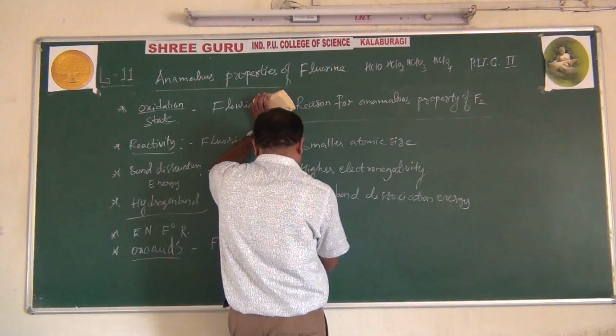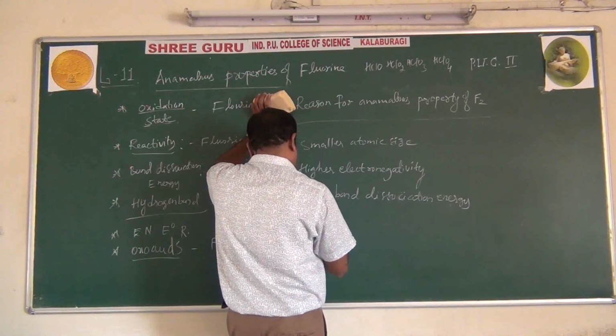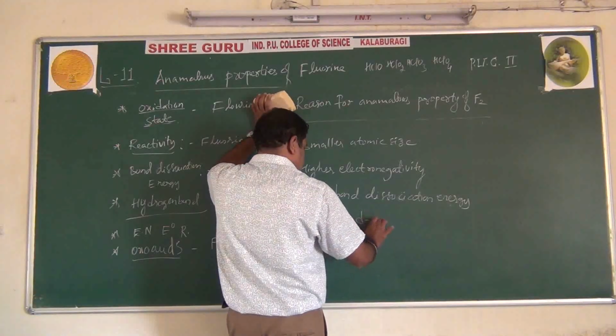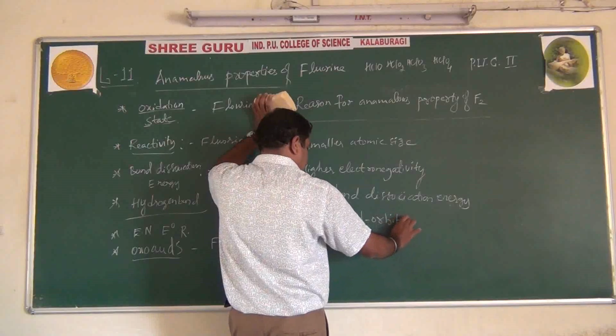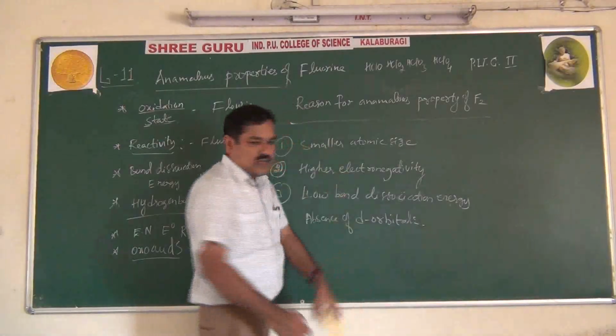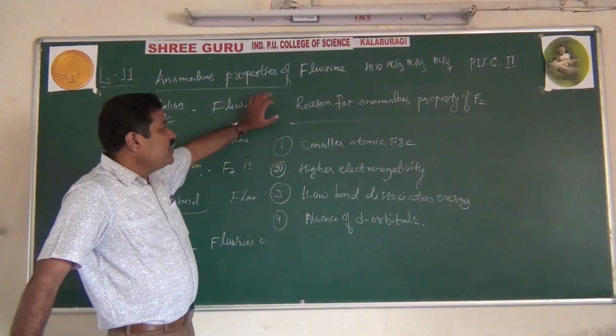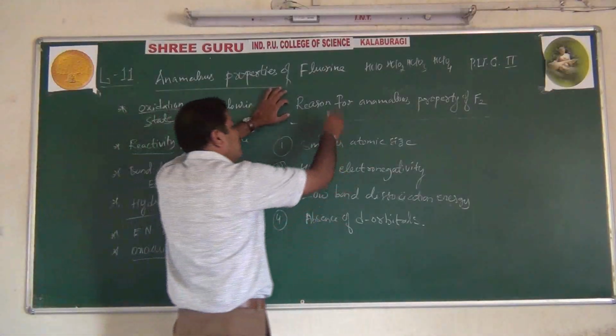And absence of d orbitals. These are the reasons for anomalous property.